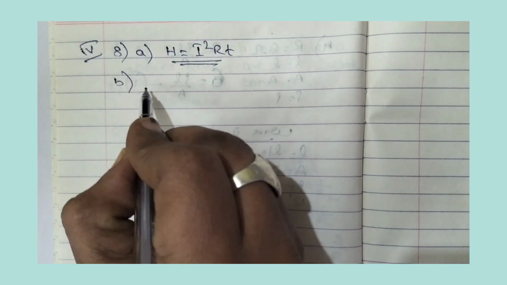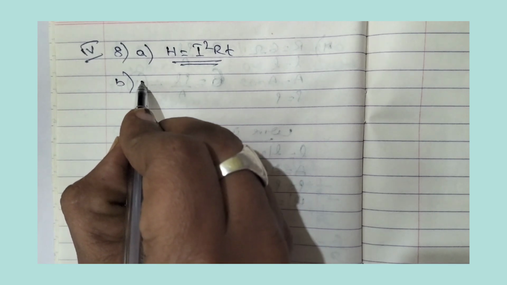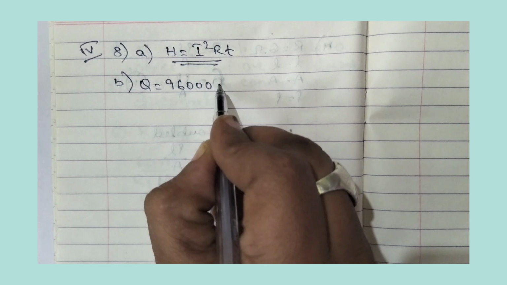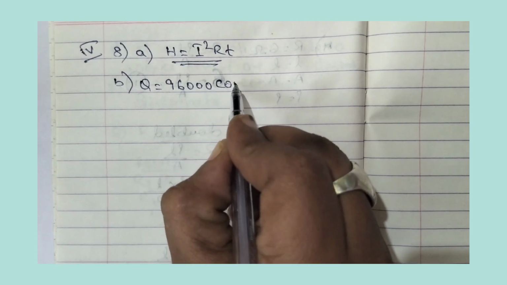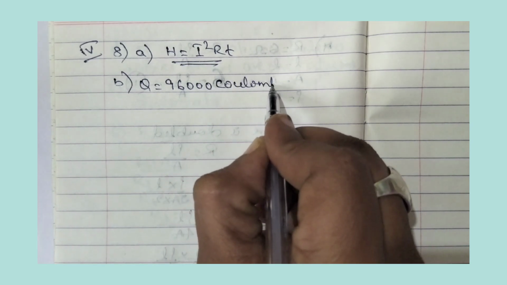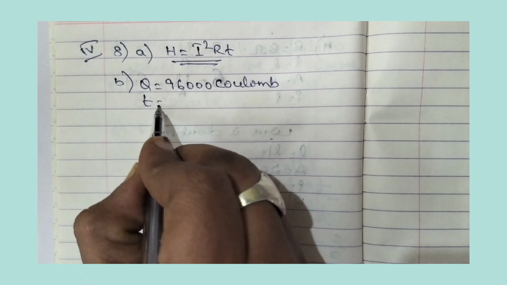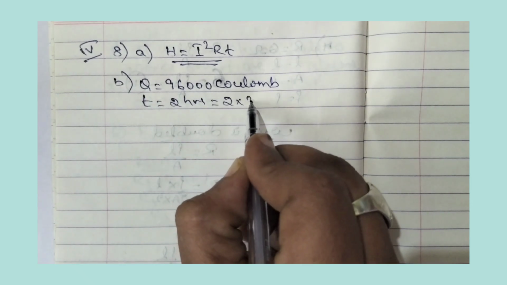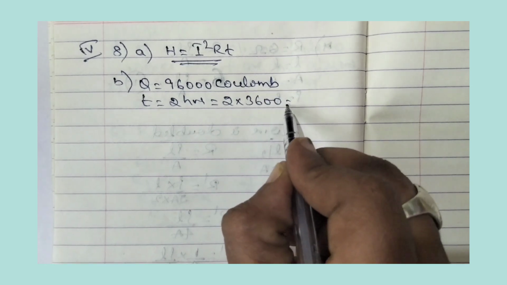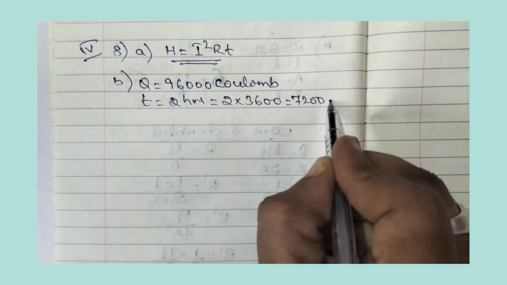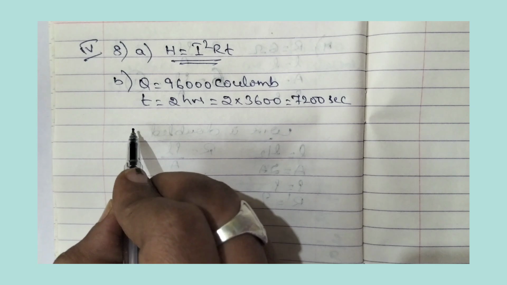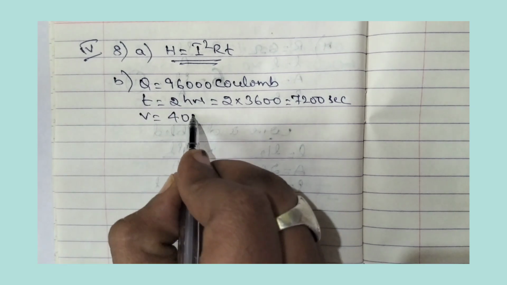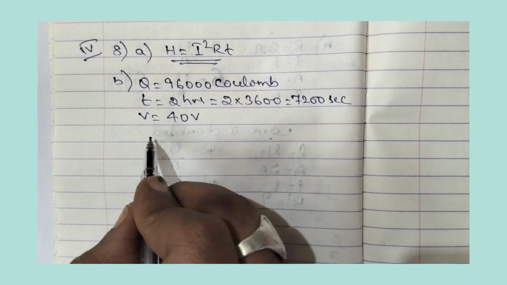In that B question, compute the heat generated while transferring charge. Given Q is equal to 96,000 coulomb. Then time is given as 2 hours, which is equal to 2 into 3600, which is equal to 7200 seconds. Now potential difference V is given as 40 volts. So we have to calculate the heat generated.